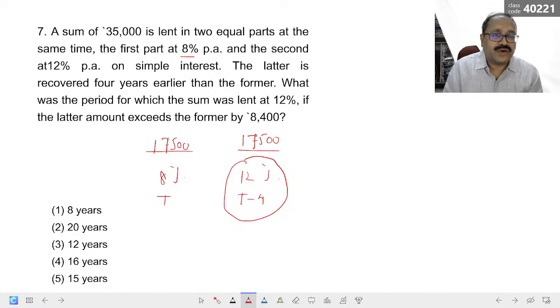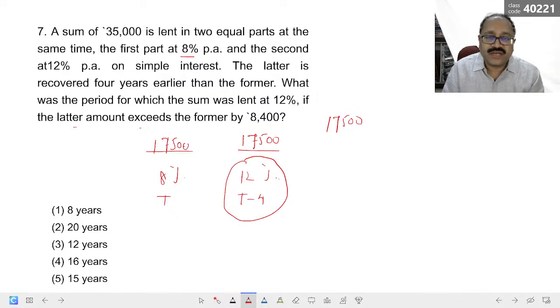what was the period for which the sum was lent at 12% per annum if the latter exceeds the former by 8,400. So the latter exceeds the former by, what does it mean? So here that's 17,500. Here also 17,500.